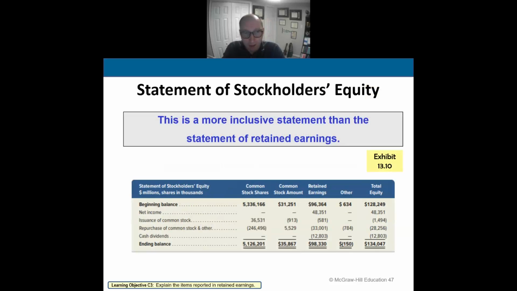Yeah, that just kind of shows you the change. Then this report right here, which is the statement of stockholders' equity, shows you the changes of stockholders' equity that happened throughout the accounting period.